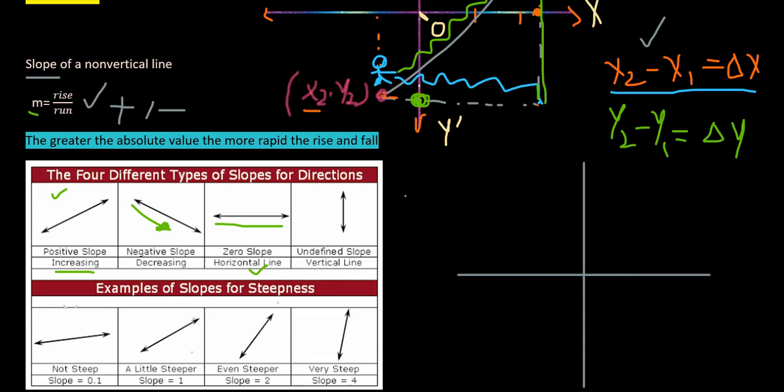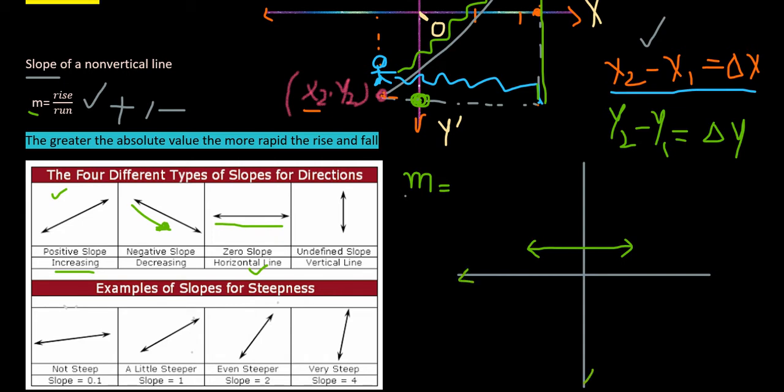Suppose I'm going to show you how there is zero slope in the horizontal line. So it is our horizontal line.